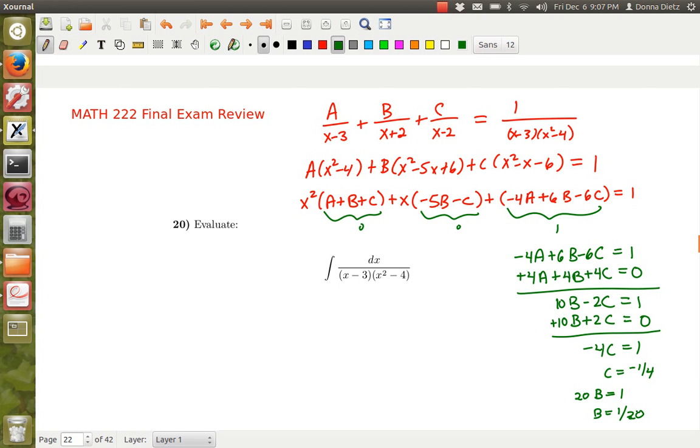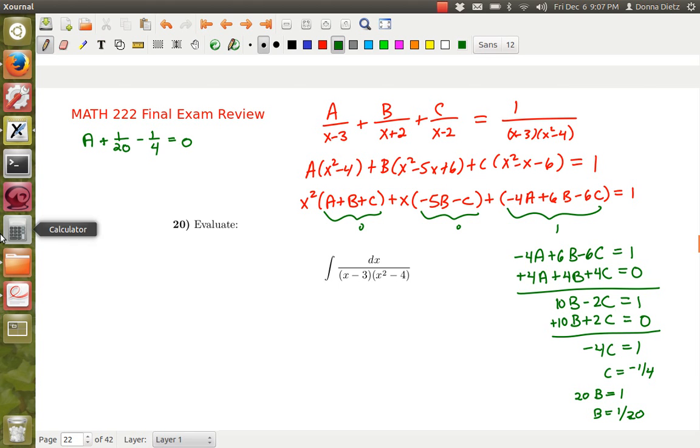Now what? Now we have the A plus B plus C part, and we don't know A, but we do know B, and we do know C. We shouldn't be shocked that it's negative because one of these guys had to be negative, or maybe 2, but not 3 and not 0. So we have to have some negative and some positive.